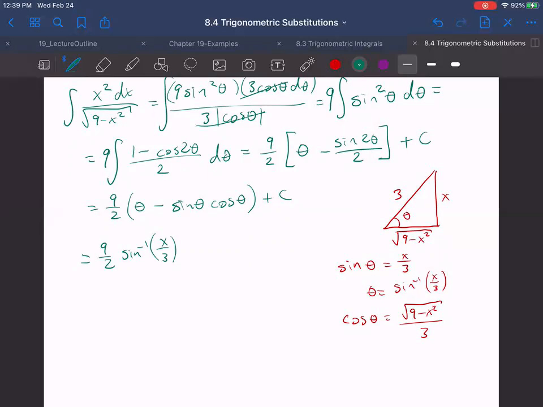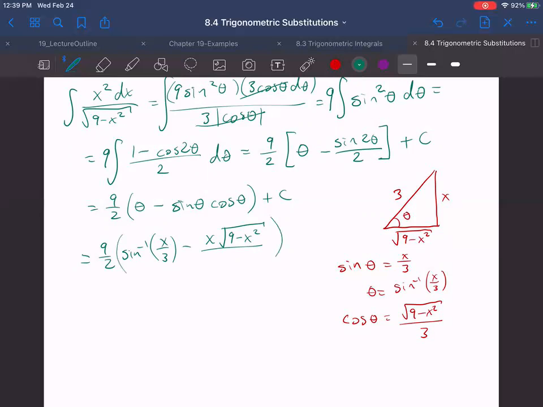Then we have minus, and we need these two things multiplied together. We need x over 3 times that square root of 9 minus x squared over 3. So we end up with x times square root of 9 minus x squared over 9, and let me put it in parentheses.